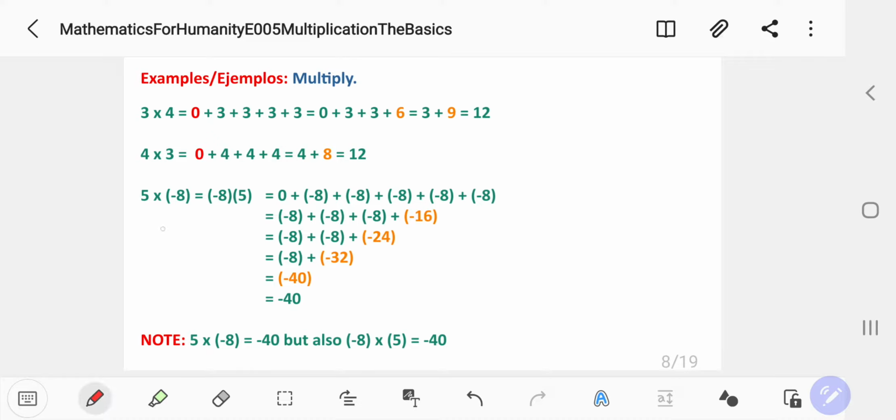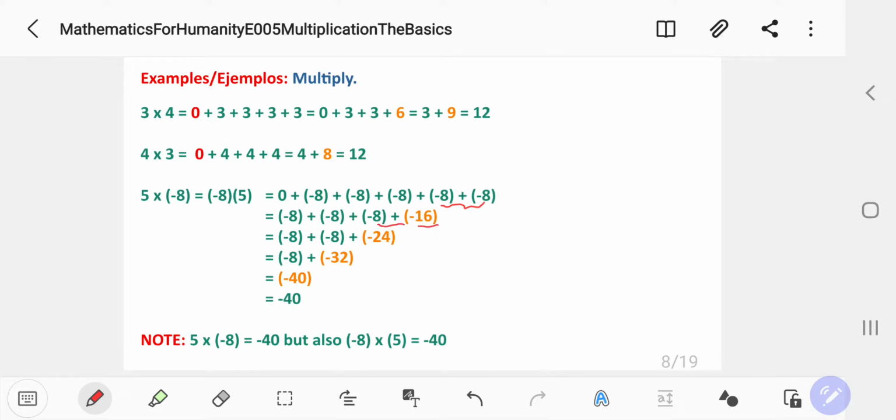So how about this? 5 times negative 8. So in any order, you can also do negative 8 times 5. And so that's 0. And then you add negative 8 five times. 1 2 3 4 5. Then this 8 plus negative 8 will just be equal to 16.